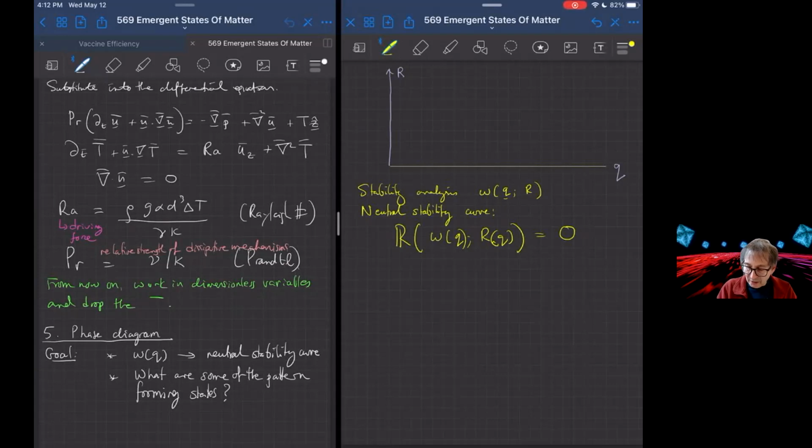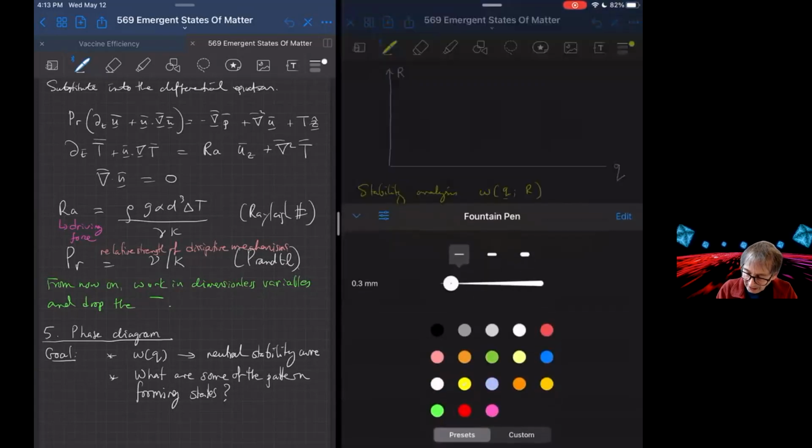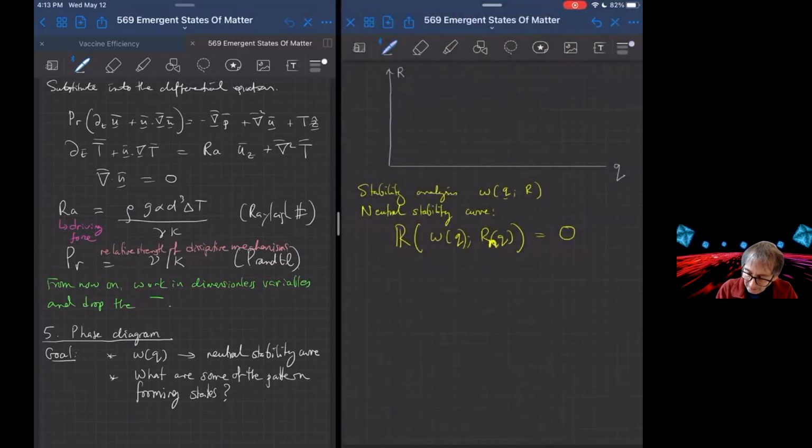So this is the idea, and the R that satisfies this, we're going to call Rn. So this is the R value, Rn, that satisfies this equation, and n means neutral.